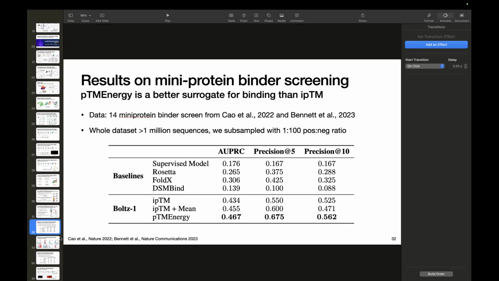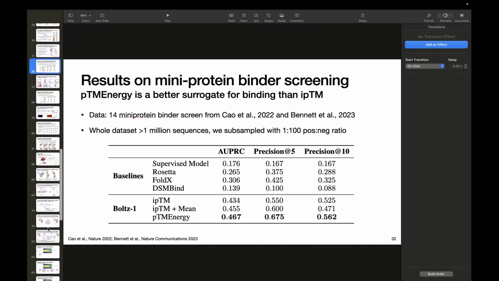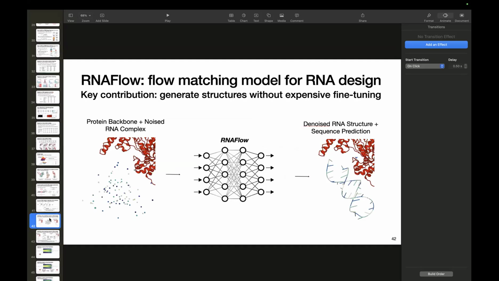In slide 42 for RNA flow, was there any specific reason for using flow matching for this problem specifically? Great point. I think in general we found that flow matching is just much easier to train, because the flow is straight and it makes the generation process simpler.